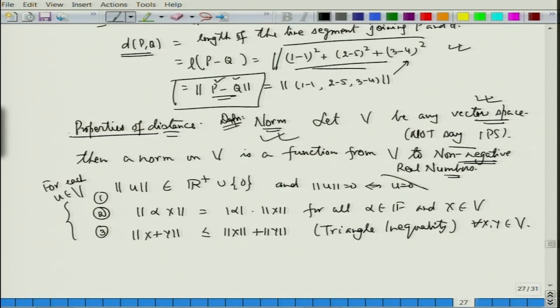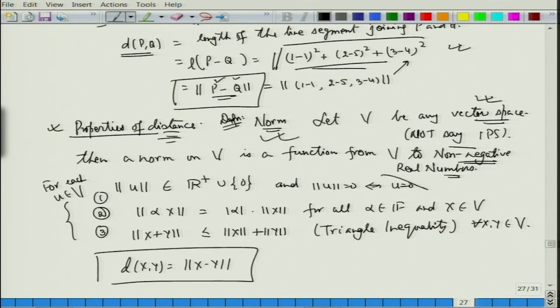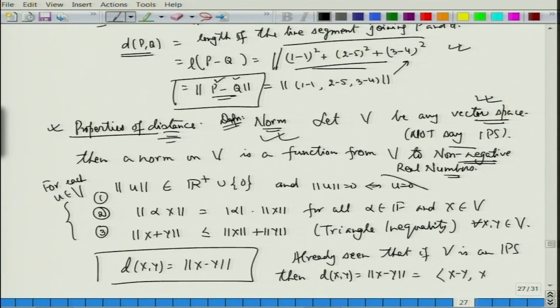Now, using this norm, we have this definition of distance, which is the distance between x and y is nothing but the norm of x minus y. I will come to this norm afterwards. You can see that there are a lot of norms. We have already seen that if V is an inner product space, then the distance between x and y, which is the norm of x minus y, is the same as the square root of the inner product of x minus y with itself.